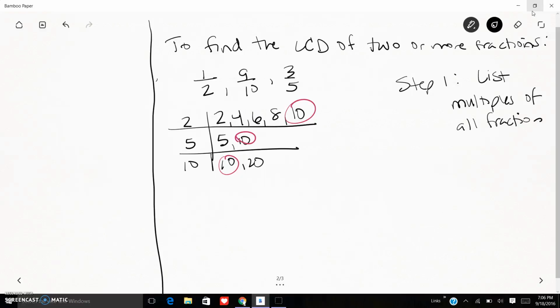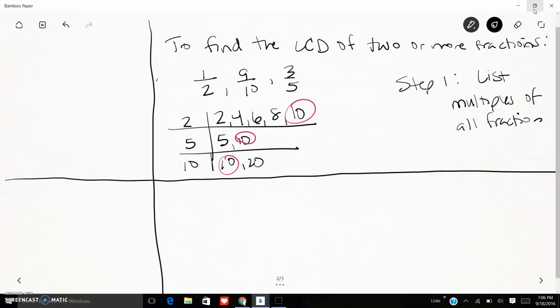Okay, now what I do with that information, in order to compare or order fractions, I have to use this LCD in order to find common denominators. All right, so for the same numbers, let's say I have 1/2, 9/10, and 3/5. My LCD is 10.